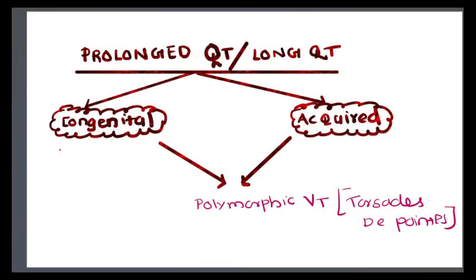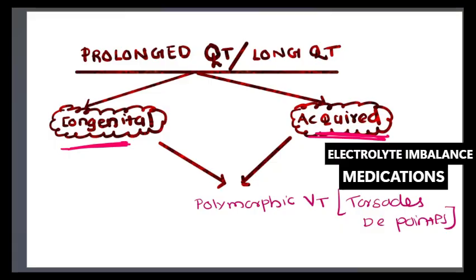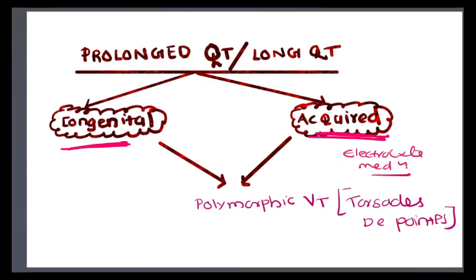The long QT could be because of two causes. One could be congenital, because of some channelopathy, some channel defect. Or it could be acquired, meaning because of some medications or electrolyte dysfunction that cause prolonged QT and polymorphic VT.